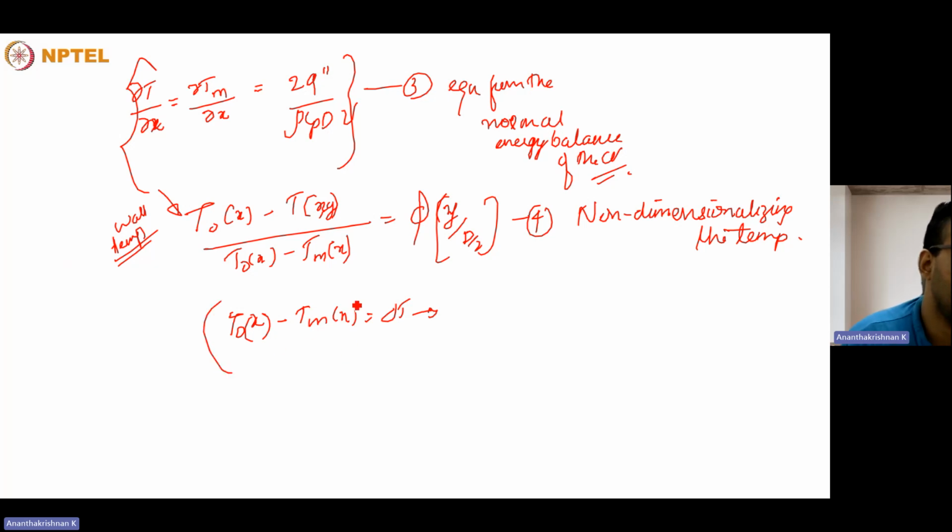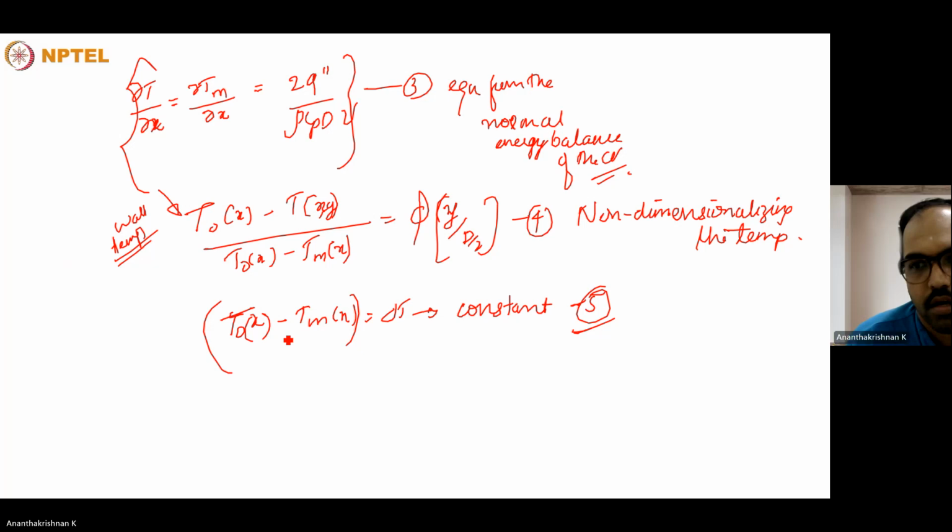So that's why we could write delta T equal to T0, the wall temperature at a particular point x, minus the mean temperature at that point x, is a constant. So the denominator term is a constant. That gives T0 x, the numerator, equal to a constant multiplied by this particular right hand side term.